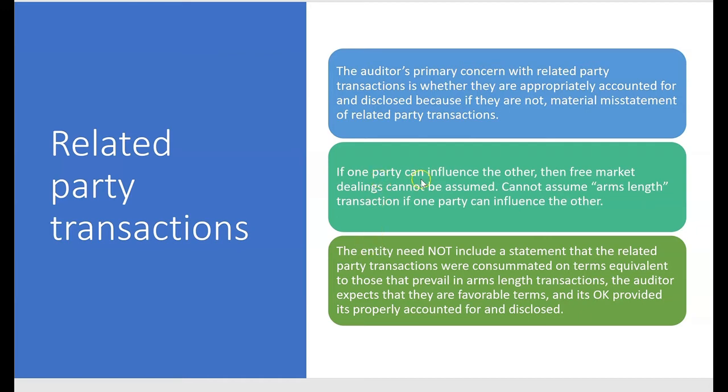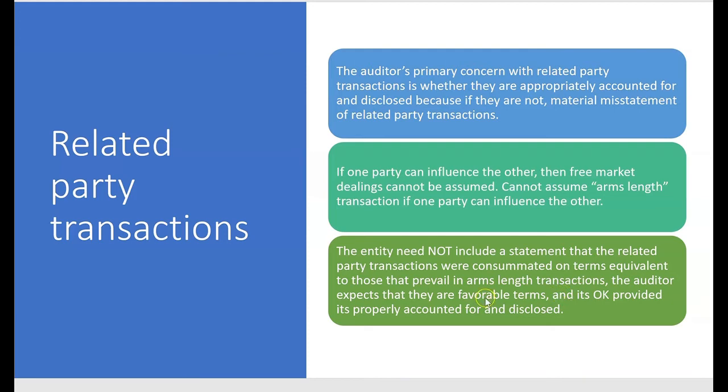The point is, if one party can influence the other, then free market dealings cannot be assumed. The auditor cannot assume that arm's length transactions are going on if one party can influence the other. Now, this is important. The entity need not include a statement that the related party transactions were consummated on terms equivalent to those that prevail in arm's length transactions.